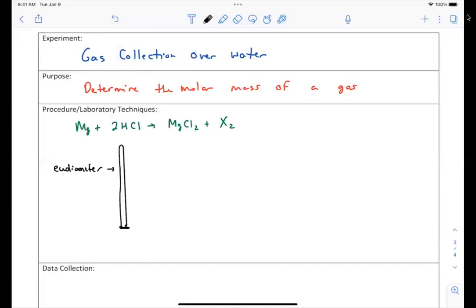Okay, so eudiometer is essentially an upside down graduated cylinder, but it's a little bit more precise than that. That's why it is very skinny in this case. So it starts with 0 up here and goes like 50 down here or 100, depending on what eudiometer you have. Usually in centimeters cubed.